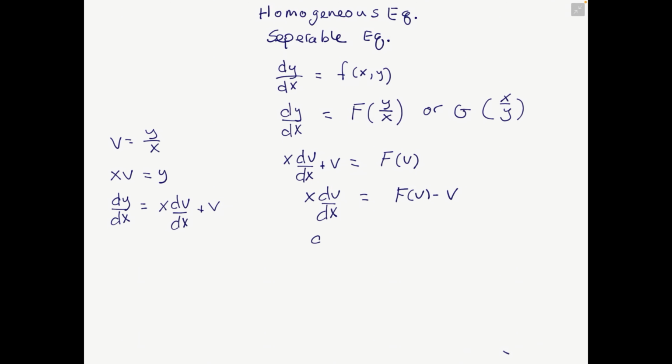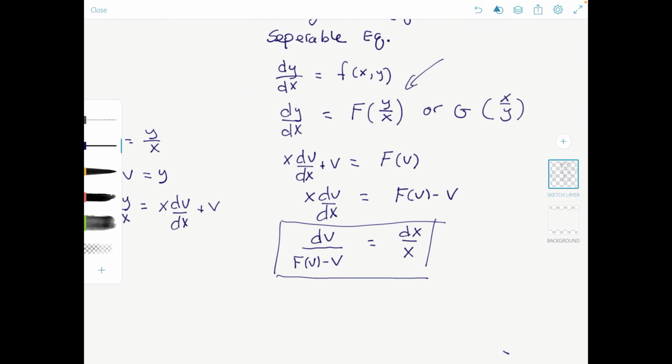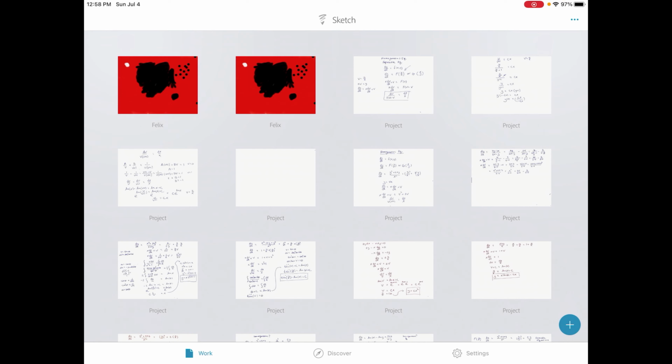And a little more algebra, we get dv over f of v minus v is equal to dx over x. And basically that's the extent of homogeneous equations. Any equation that can be written in this form is homogeneous. So, with that, let's take a look at an example.